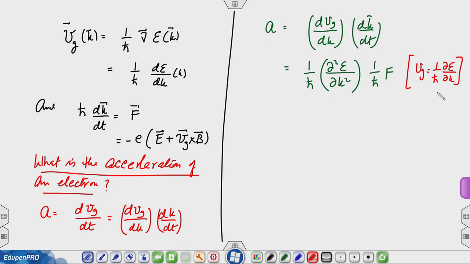I can write this as equal to 1 over h cross square d2E by dk square times F.